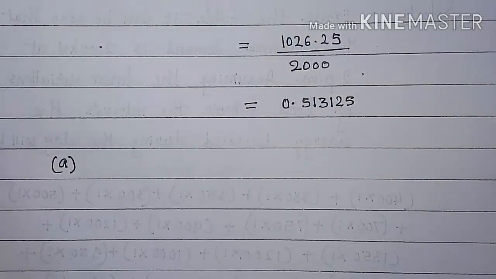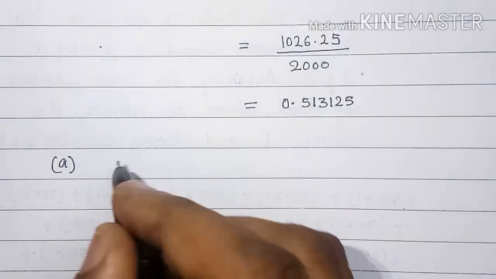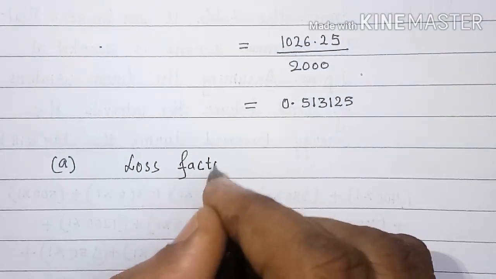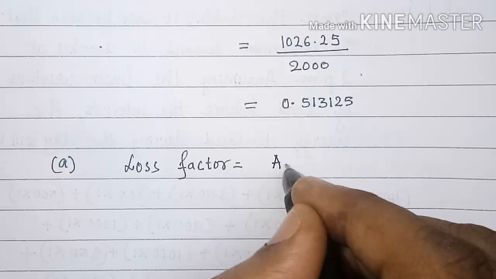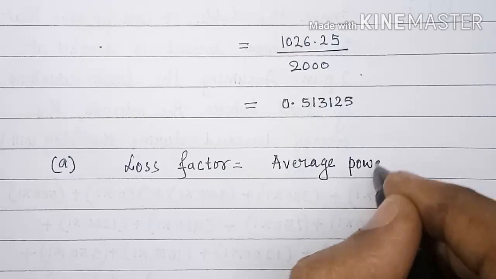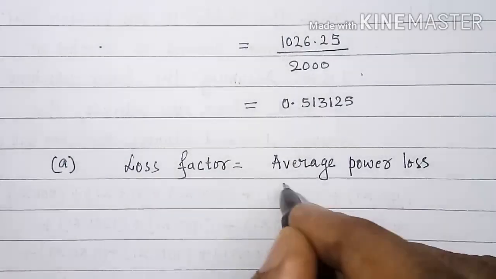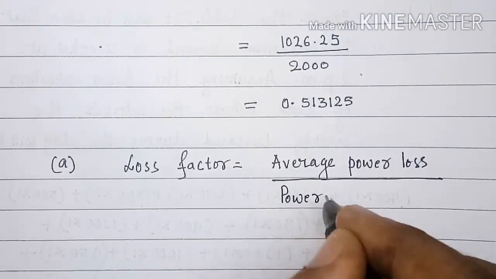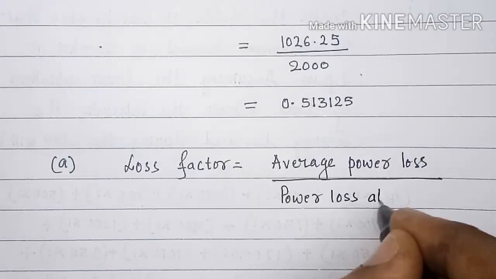Next we'll calculate A, the average power loss of the feeder. By definition, we have loss factor equal to average power loss divided by power loss at peak.